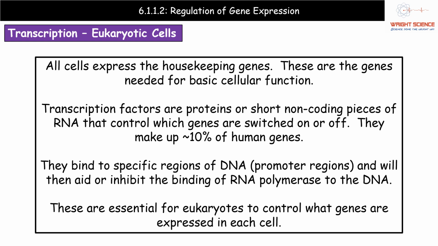And this is obviously critical when it comes to the ability to specialize our cells, because to actually have those differentiated cells that carry out a particular function, we need to ensure only certain genes are going to be expressed, so they're switched on. The other ones need to be switched off. And this is how we do it with the use of those transcription factors.